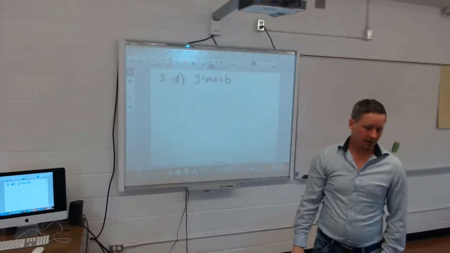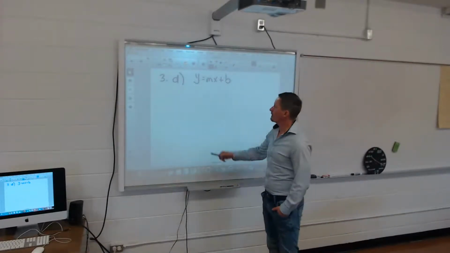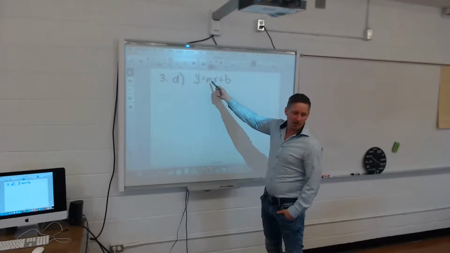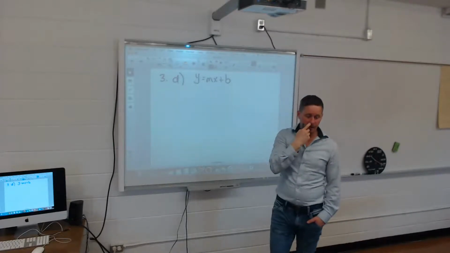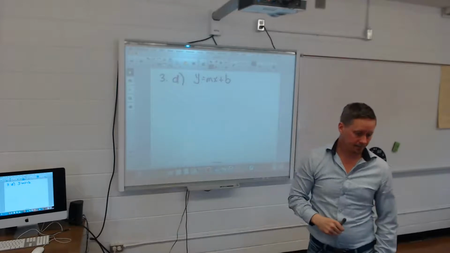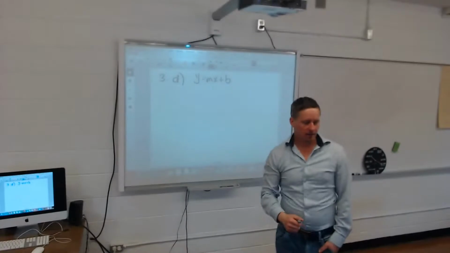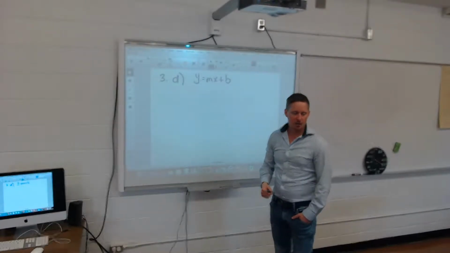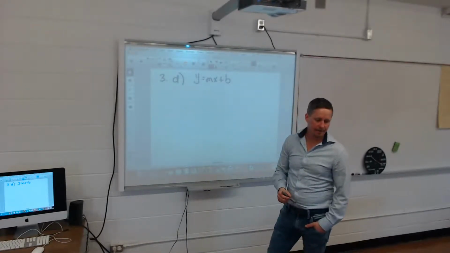The reason they call that slope-intercept form is because we get our slope and our y-intercept from that equation when it's written like that. Now what we have to do is fill in what the slope is and what the y-intercept is. So my slope in that question is what?